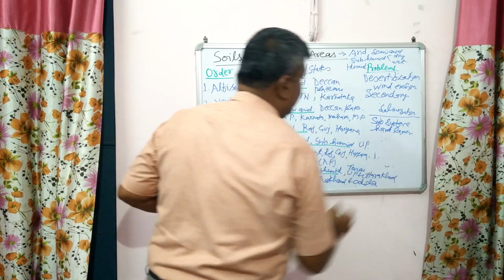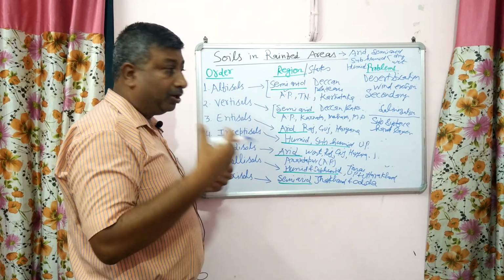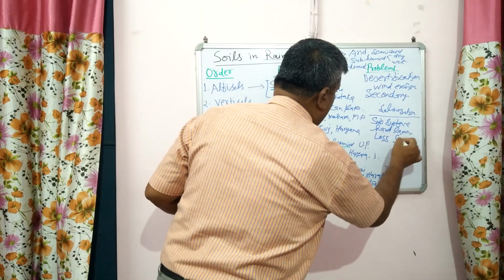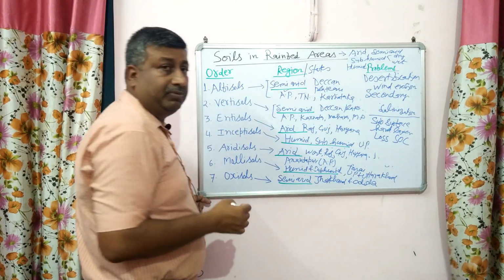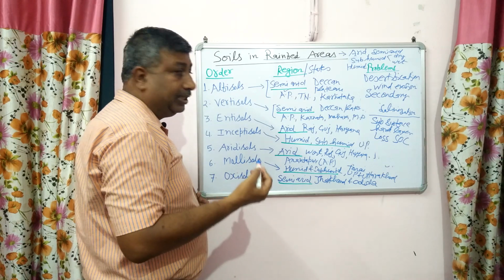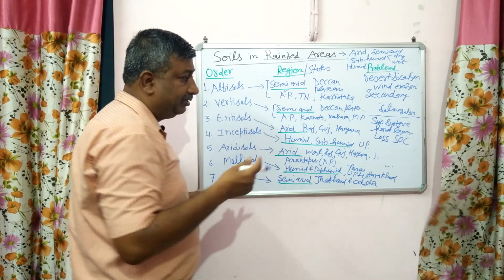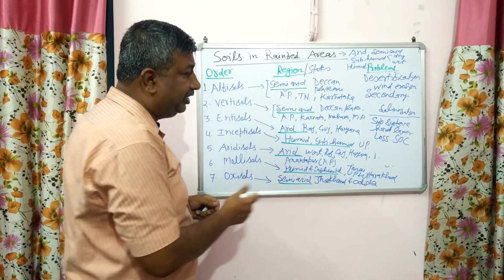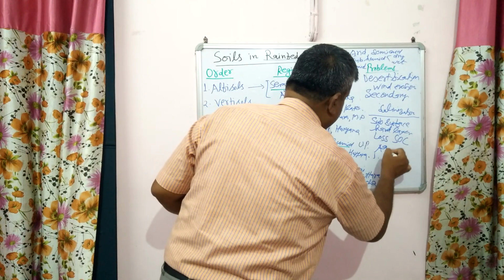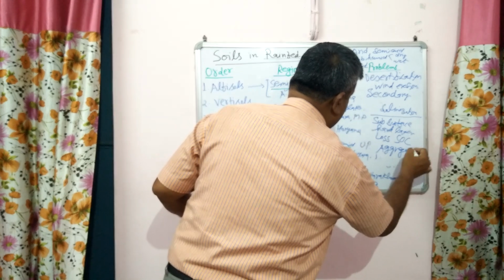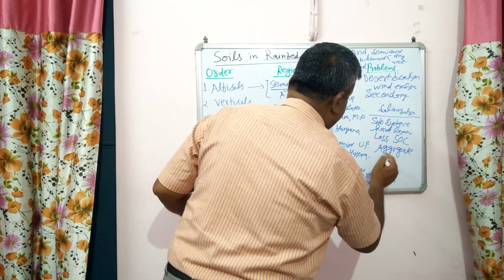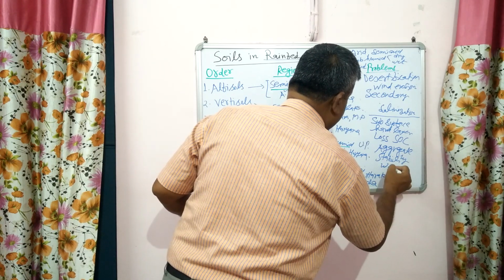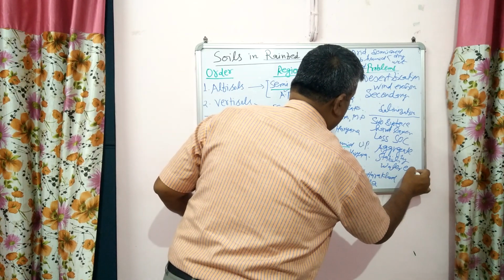So it creates anaerobic conditions, waterlogging, and then loss of soil organic carbon because of intensive cultivation, and the structure is weak. Aggregation is a problem, aggregate stability is the problem, and in this region water erosion is the problem.